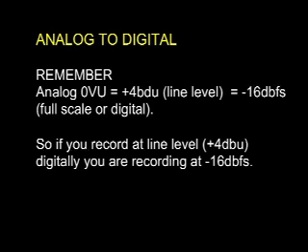That is important for you to know and to remember. So as an example, if you record at line level, plus 4 dB, digitally you will be recording at minus 16 dBs.